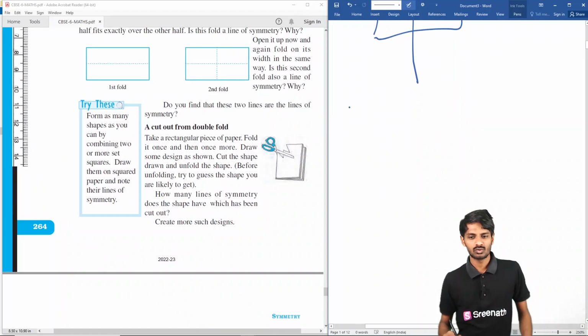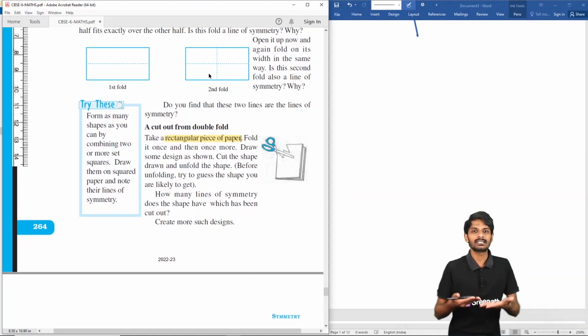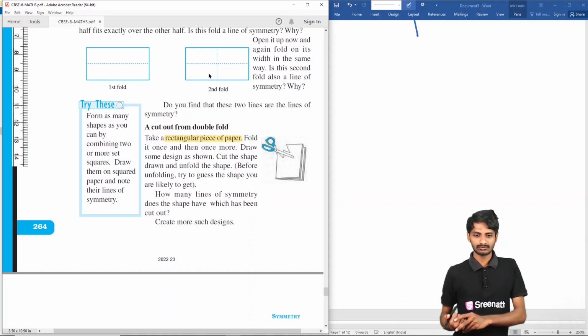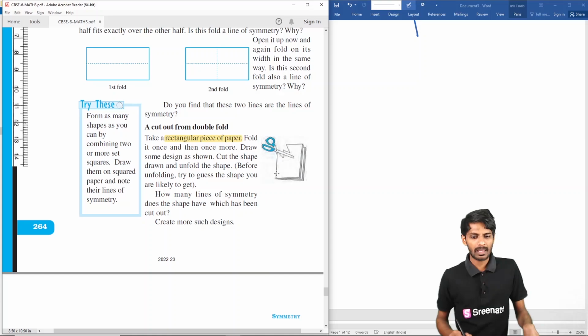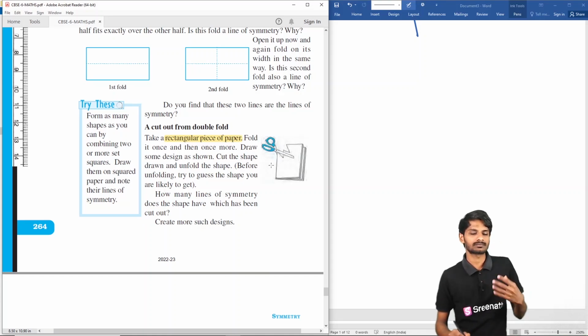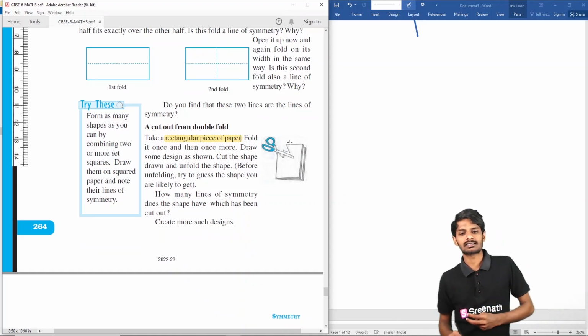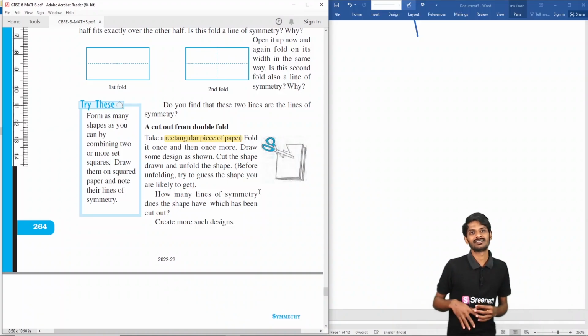Now we will do something. Take a rectangular piece of paper like this and fold it two times. First fold it along its length and then fold it along its breadth. Then you have completed two folds and the paper is a small rectangular shape. Now make some cuttings at the center and open it.